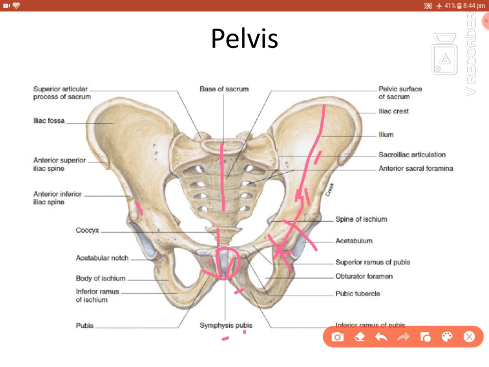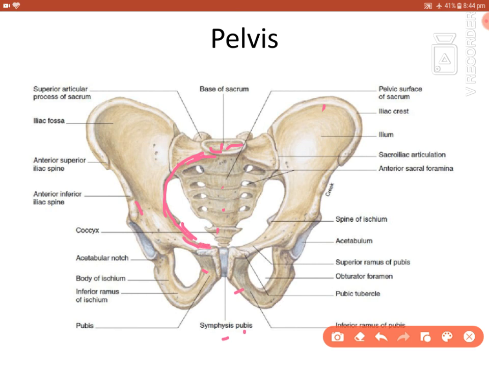Then coming to the pelvic inlet or the pelvic brim, the boundaries are: posteriorly, the sacral boundary, the anterior margin of the ala of the sacrum. This is the arcuate line. This is the pectineal line.